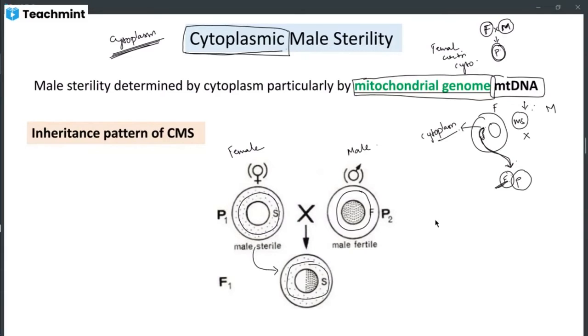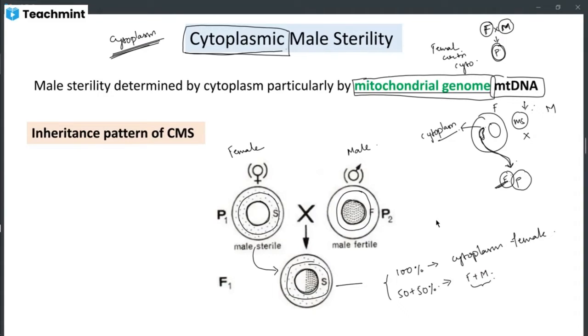But what will be the nucleus condition? 100% of the cytoplasm will be from the female side, and for the nucleus, 50% will be from the male and 50% from the female. So male and female contribute equally.